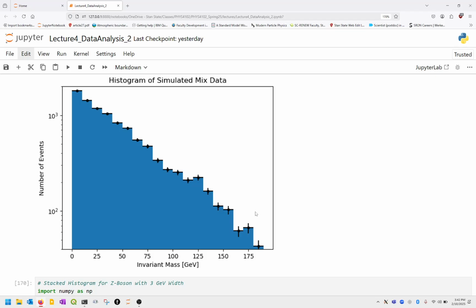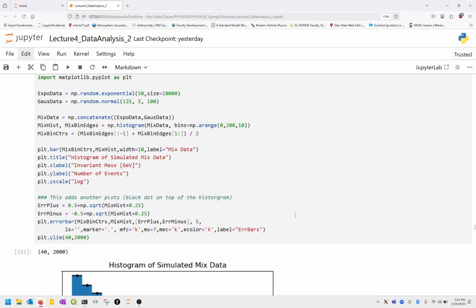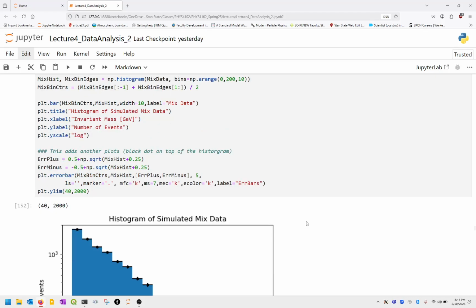This up and down is the square root of n that I just calculated. Basically, sigma up is the top edge of this little line, and sigma down is going to be the bottom of this line. In this case, it's going to be symmetric because we have so many events, 100 something. The way you do this is first you're going to have to calculate what error plus and error minus are.